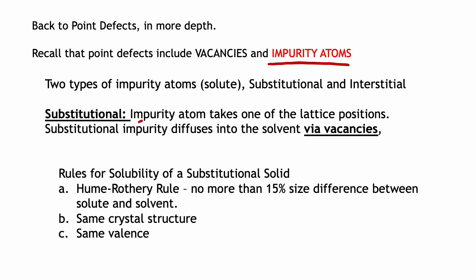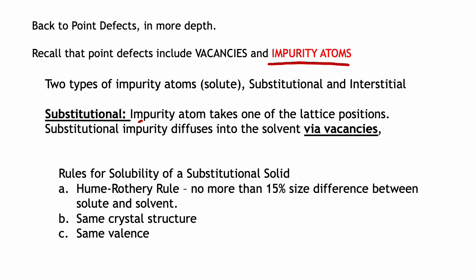So things like nickel might diffuse into copper. One metal diffusing into another. And it can't just be any metal. Not all metals can diffuse into one another. Some can't be diffused at all, and some can be diffused 100%.